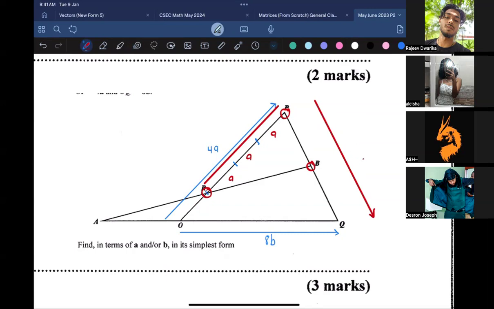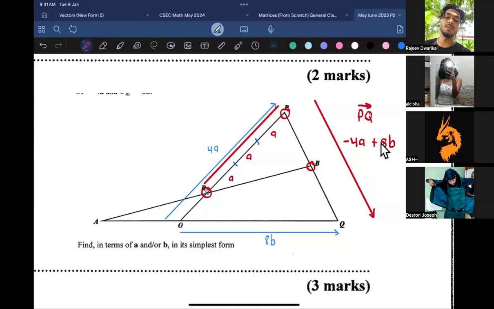What was the vector I found? P to Q. There's minus 4A plus 8B. And that's to go from P to Q.